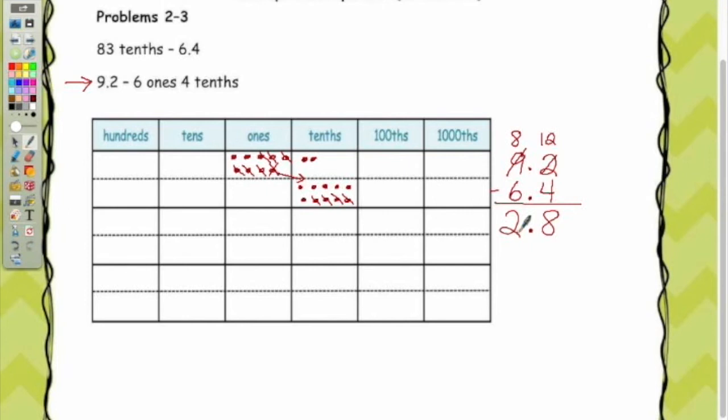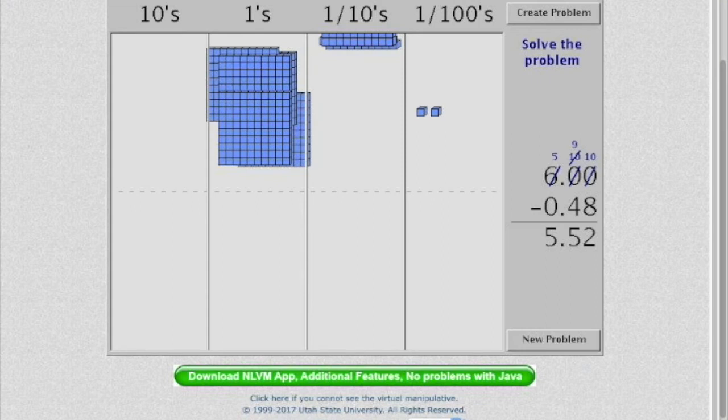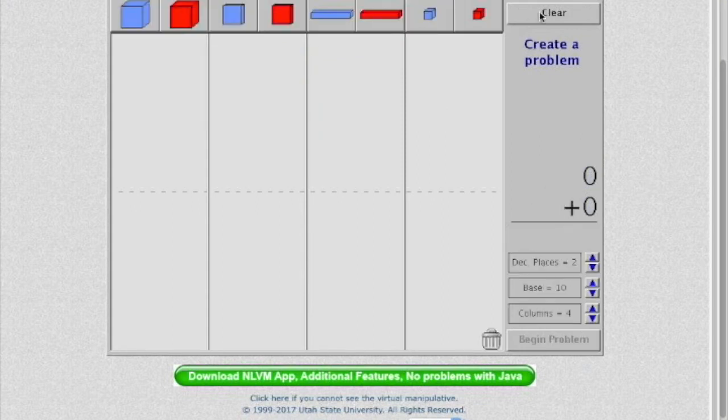All right, now I want to show you something. I stumbled across this one time. So on that problem, I believe there's 1 decimal place value, right? This is the tenths place. And the first number was what? 9.2? Yeah.